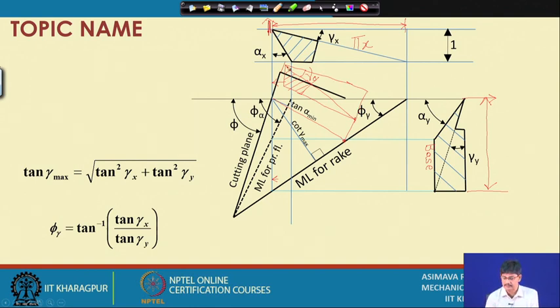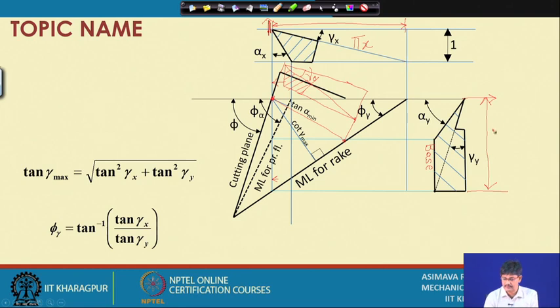Suppose I consider the height of this tool point, where it is being sectioned, to be 1. Then the cotangent of this angle, cot gamma x, becomes equal to this distance divided by 1.